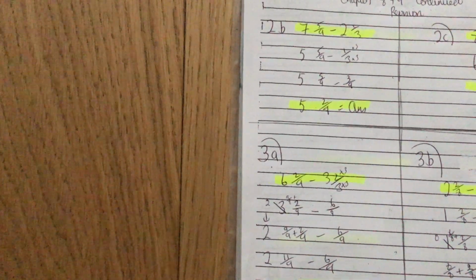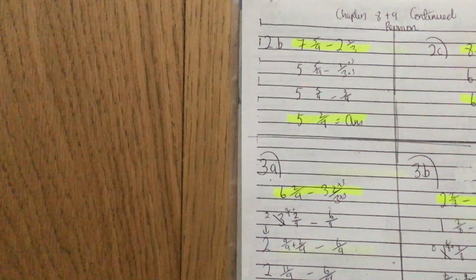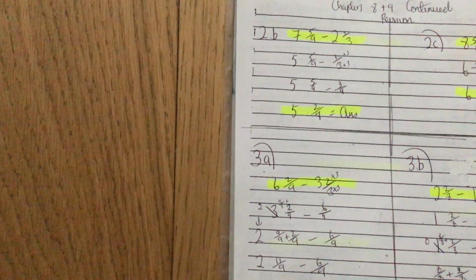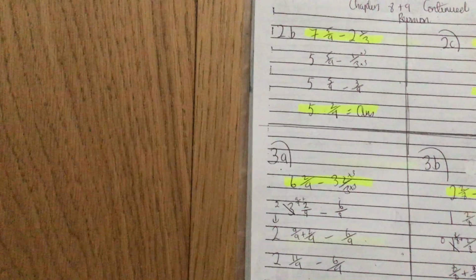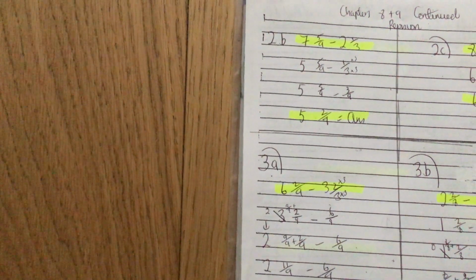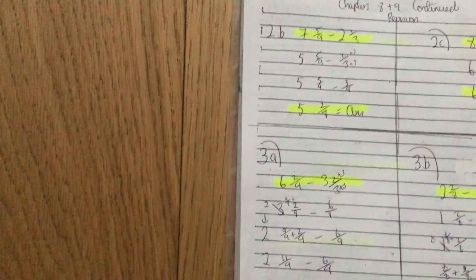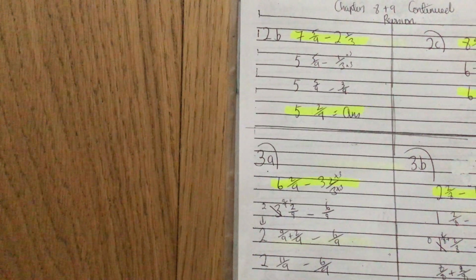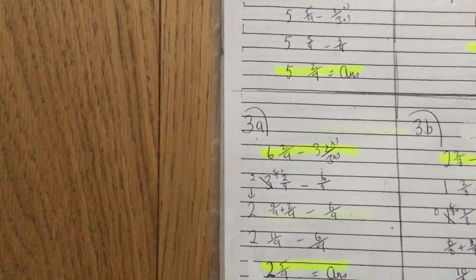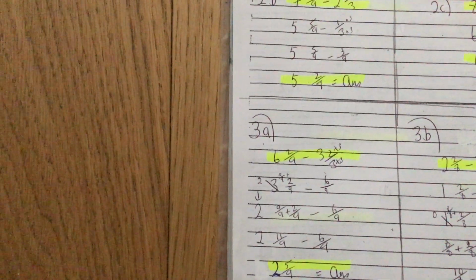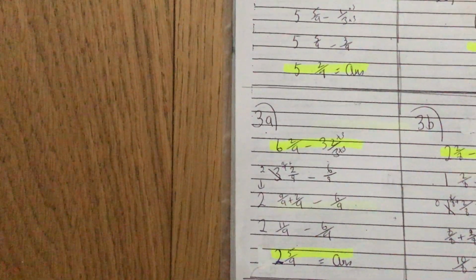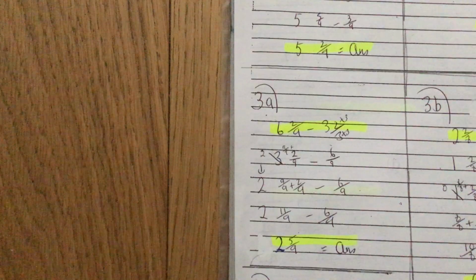So we add the 9/9, because 9/9 is 1, 10/10 is 1, 12/12 is 1, 1 million over 1 million is 1 unit. So we add the 9/9 onto the 2/9, and that's 11/9. And we take away 6/9. So we have 2 and 11/9 take away 6/9, and that's 2 and 5/9.